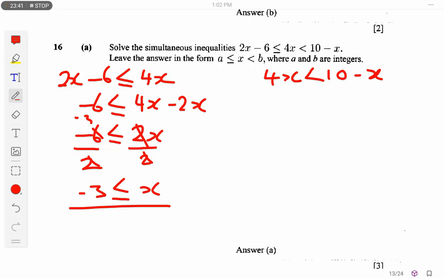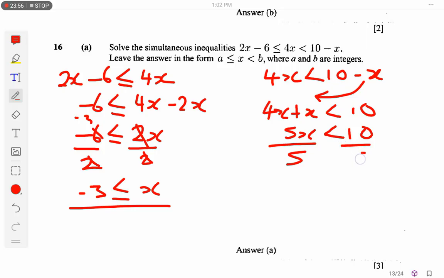The other one, I'll have 4x. I can take this one this side, so at the end of the day, it becomes 4x plus x is less than 10. That's 5x is less than 10. I can divide by 5. Then my x is less than 2.